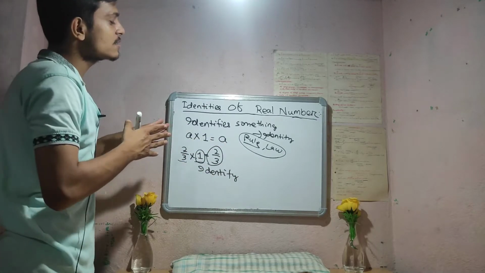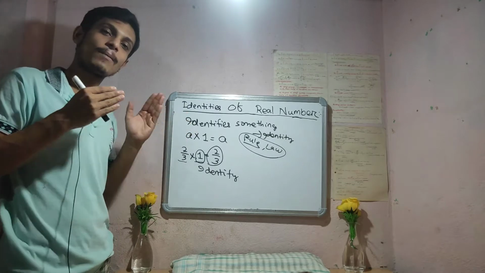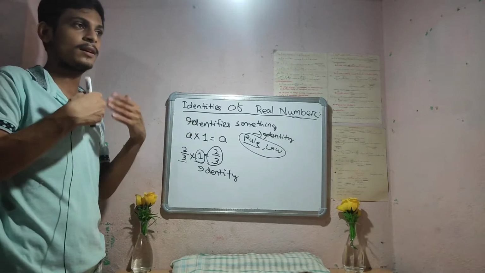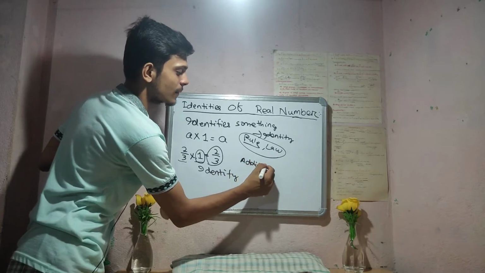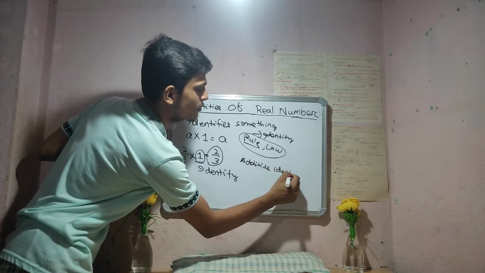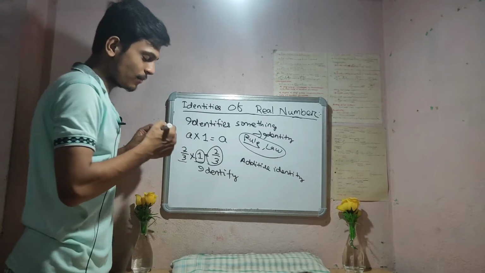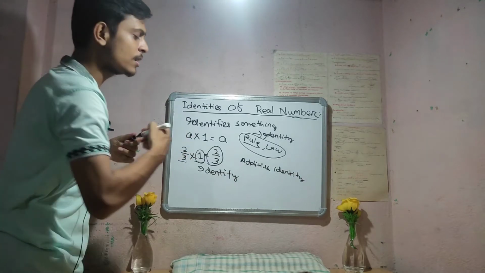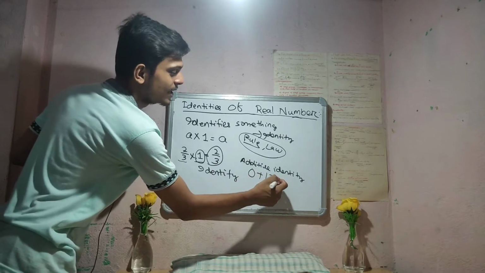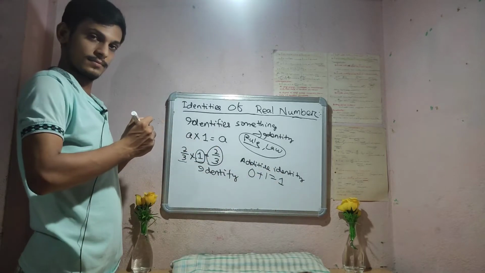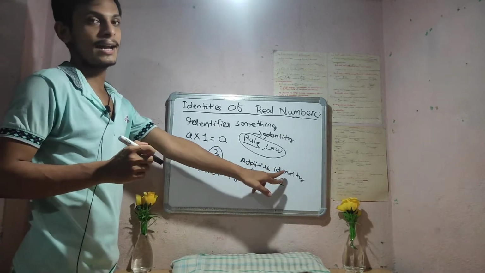There are different types of identities of real numbers. Suppose additive identity. What is the additive identity of rational numbers, natural numbers, whole numbers? It is 0, because when we add 0 to something, it gives the same. So this is the additive identity.